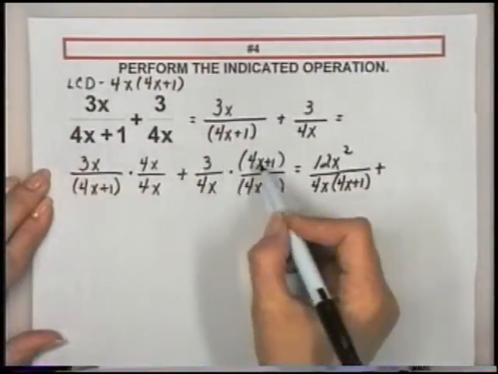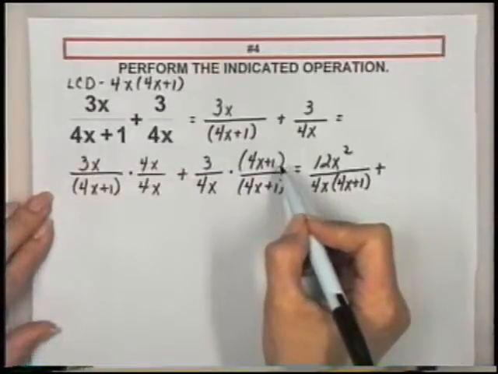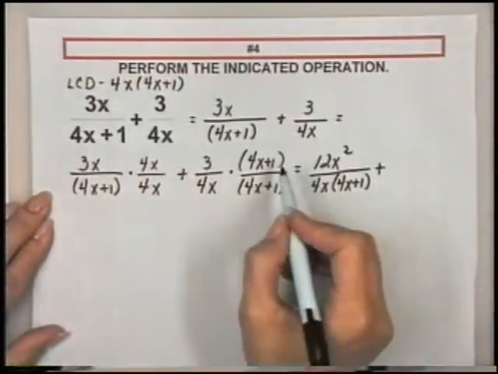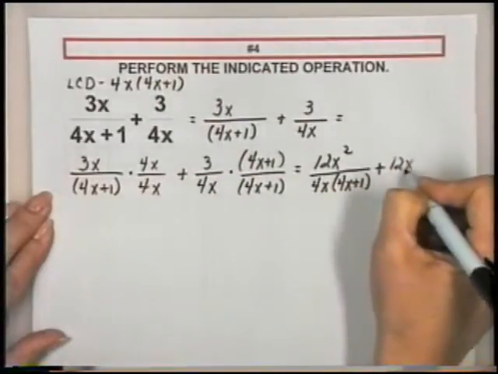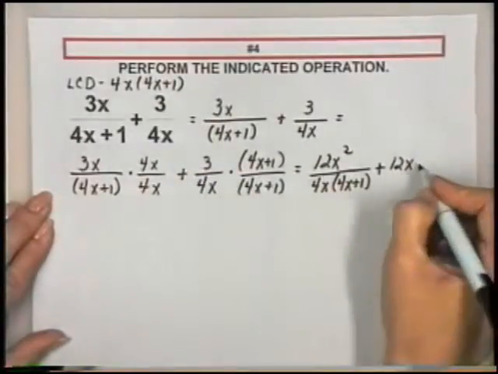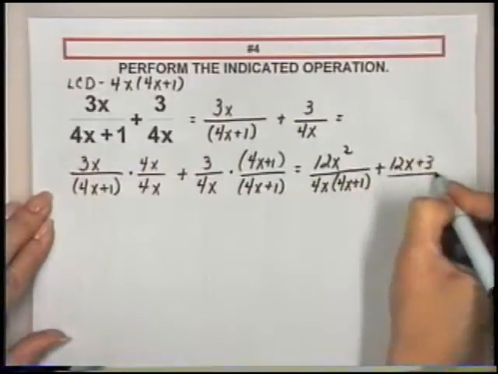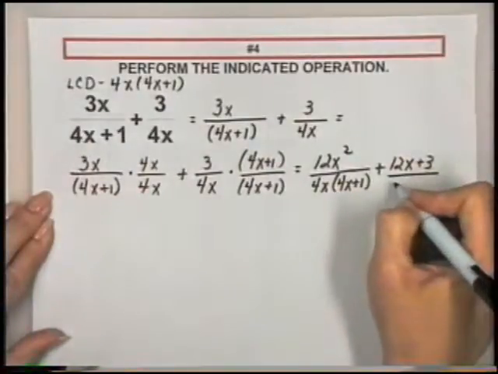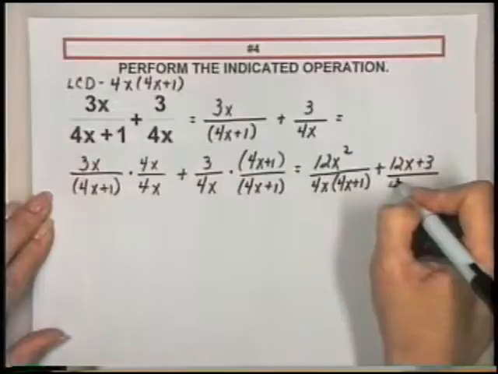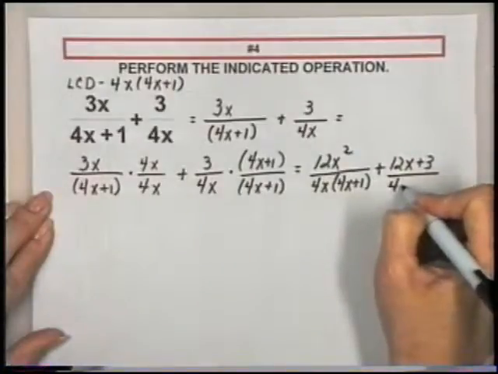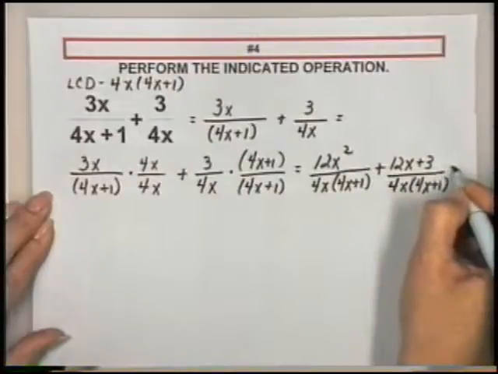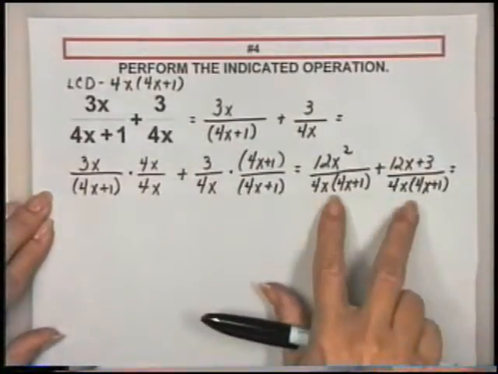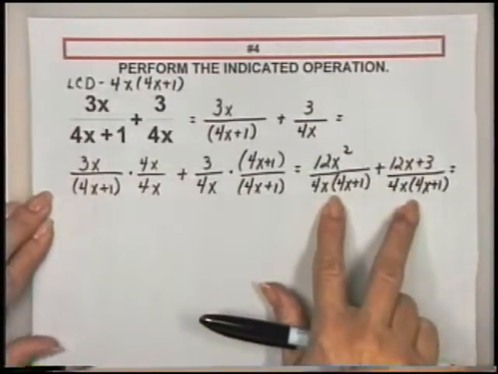For the second fraction, I am multiplying 3 times 4x plus 1 in the numerator. I will distribute the 3. 3 times 4x is 12x. 3 times 1 is 3. And I will write that over the denominator in factored form. 4x times 4x plus 1.